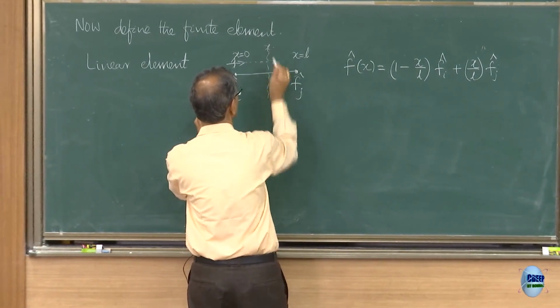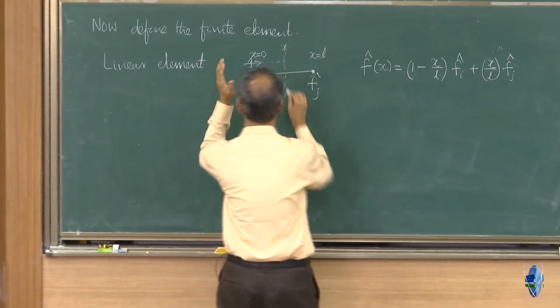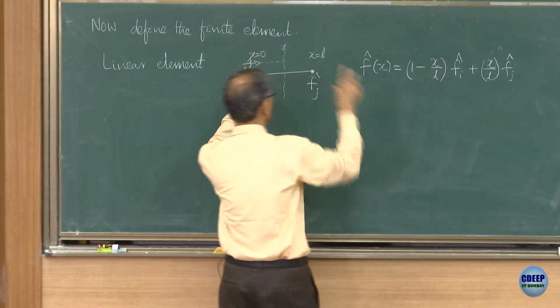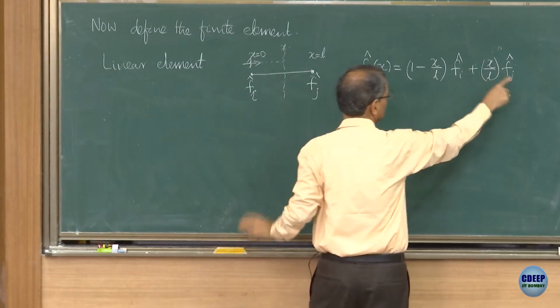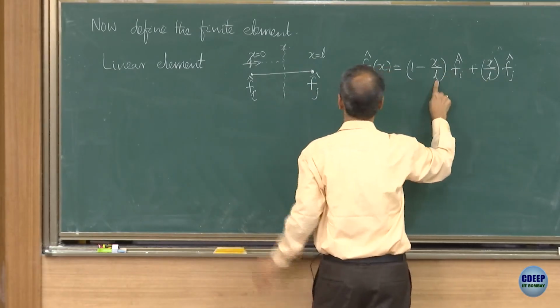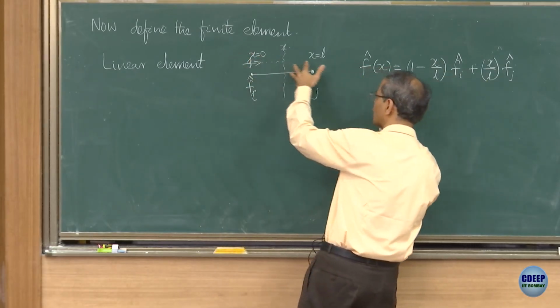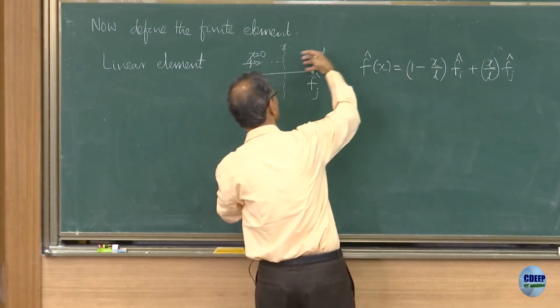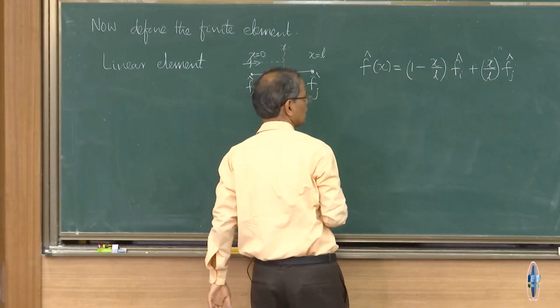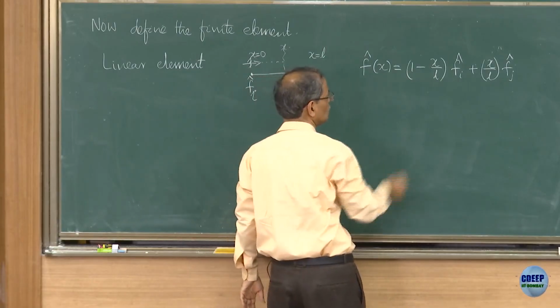At any location x, f hat of x is linearly interpolated from this value and from this value, the function value at this node: fi hat, fj hat, 1 minus x by L. So the influence of this goes down as we go here. The influence of this nodal value increases as we go away from and approach towards node j.